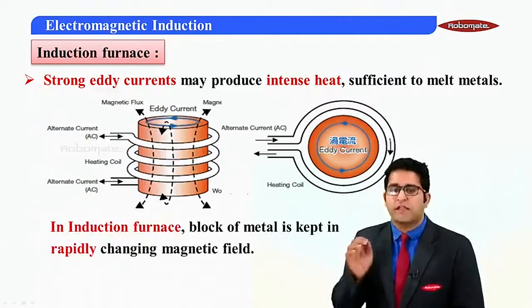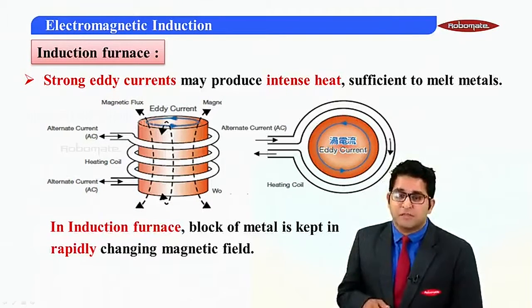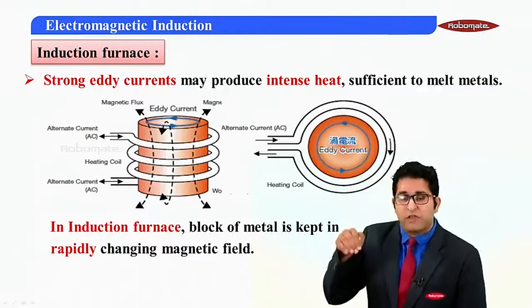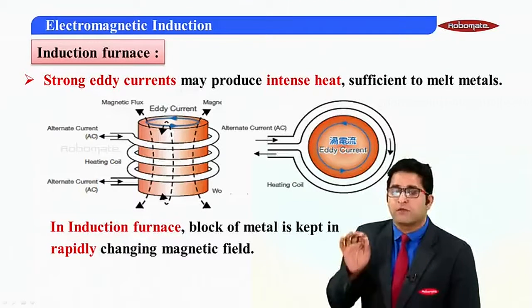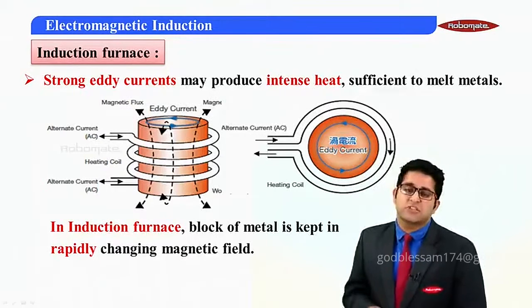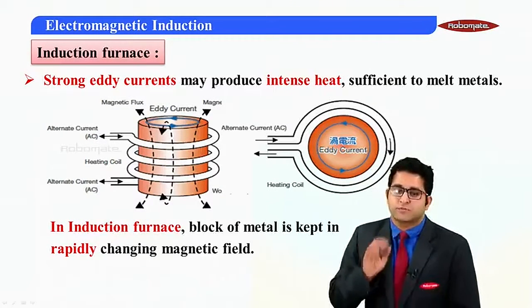So in case of induction furnace, a metal block is kept in a rapidly changing magnetic field. Now see over here, there is a coil, and inside that coil we have placed a metal block, and as the AC source is applied, the value of current will change with respect to time, and as current is changing with respect to time, the magnetic field will also change with respect to time.